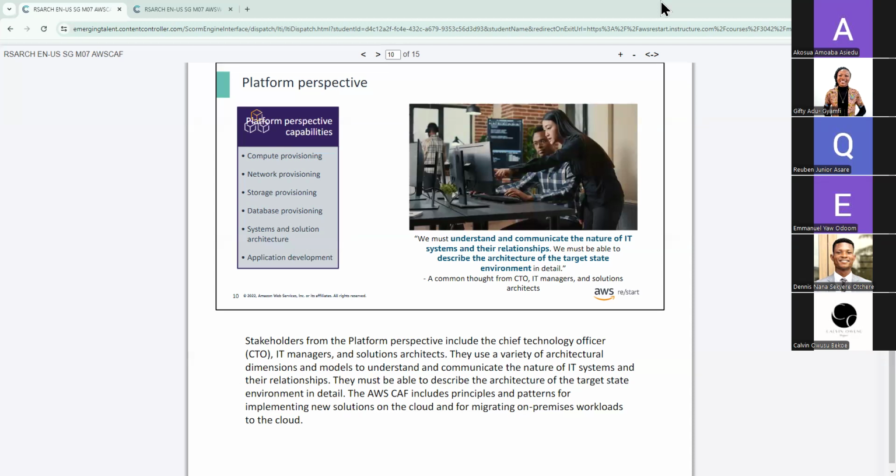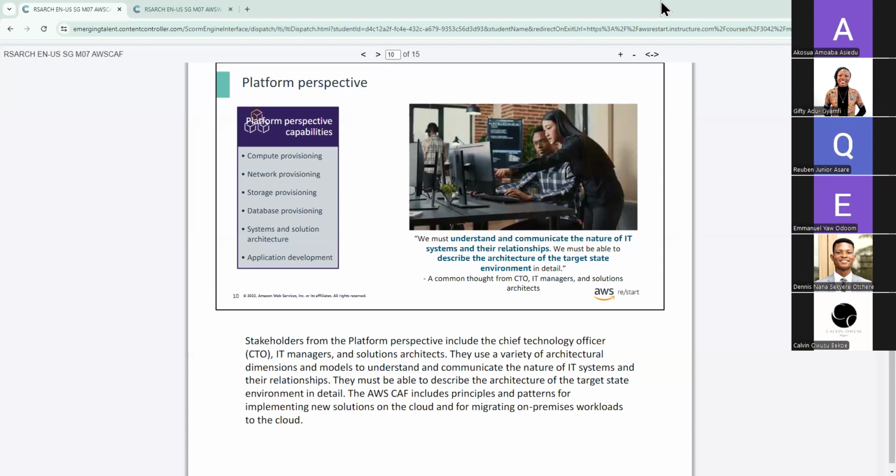Okay, so for the platform perspective, the tech people come to play here. So your solutions architect, your IT manager, this is where they come in. So these are the people that matter when it comes to this perspective.